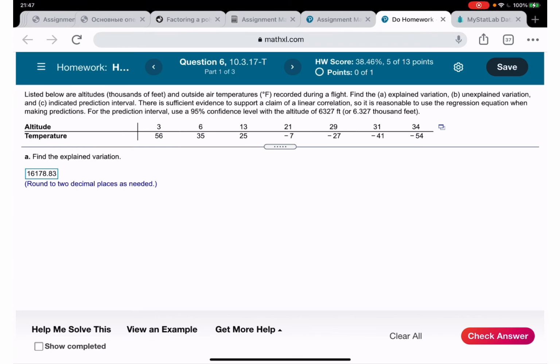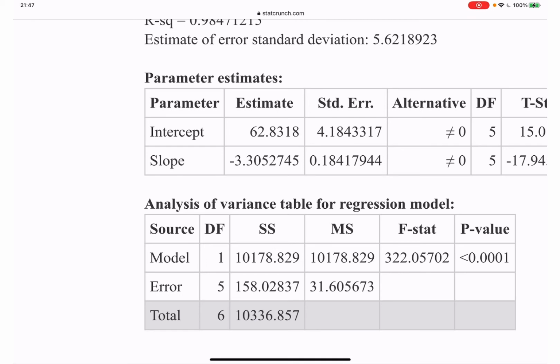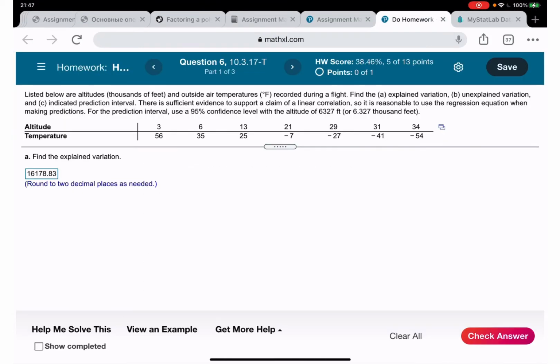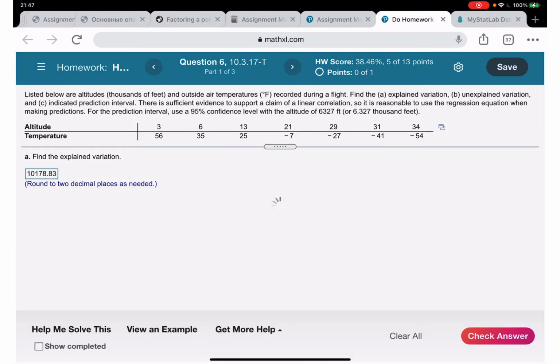Did I write down wrong? Where from I got this? Oh, I put the wrong one. 10178.83. Let me write down this step by step. One zero one 78.83. Okay.